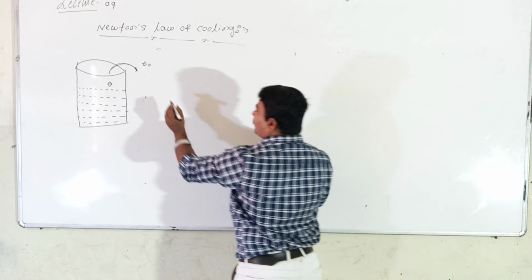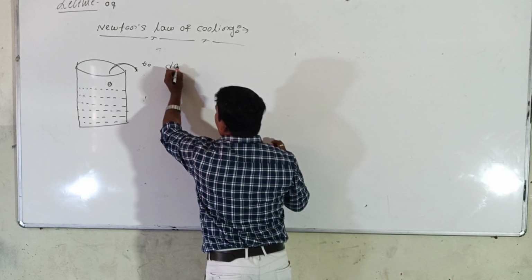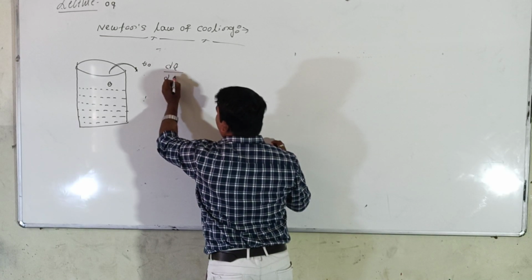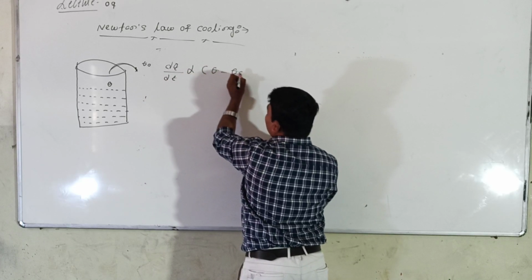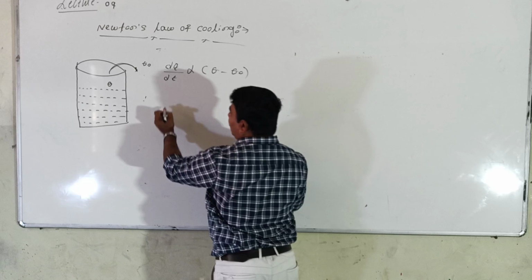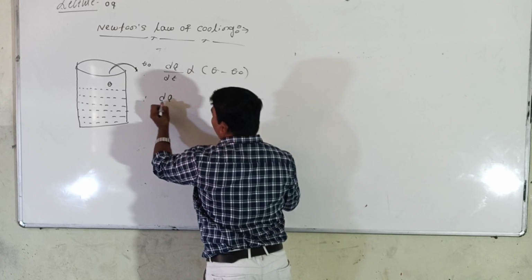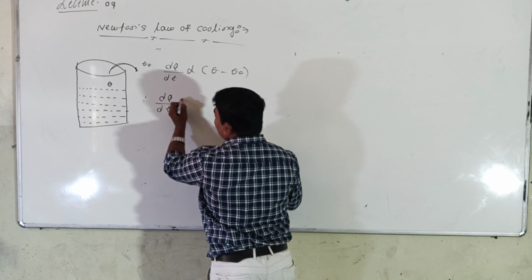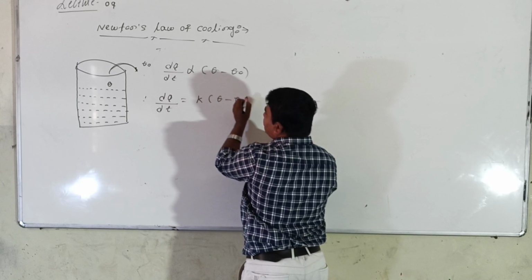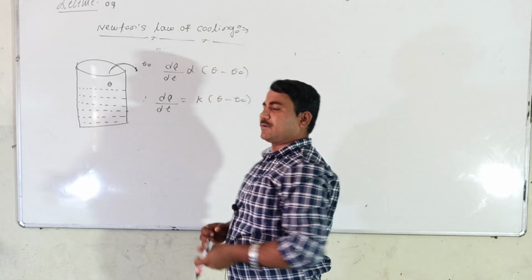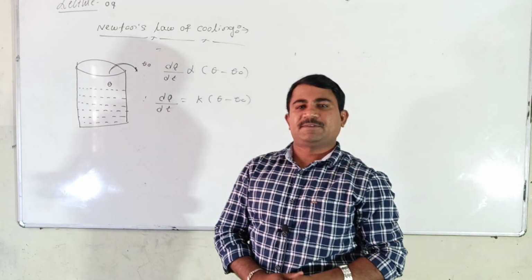Rate of heat loss dq divided by dt is directly proportional to the temperature difference between system and surrounding, or I can call it dq divided by dt equal to constant k into theta minus theta naught.